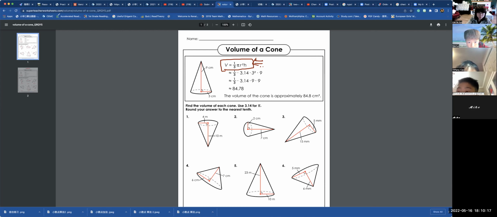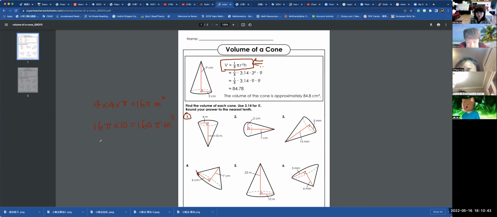Okay, so if you copied it down and you understand, we're going to take a look at the first question, okay? So first question, everybody, we still need to find the area of the bottom first. So it's 4 squared times pi, right? So equals 16 pi meters squared. And then I use 16 pi times 10 equals 160 pi meters cubed.